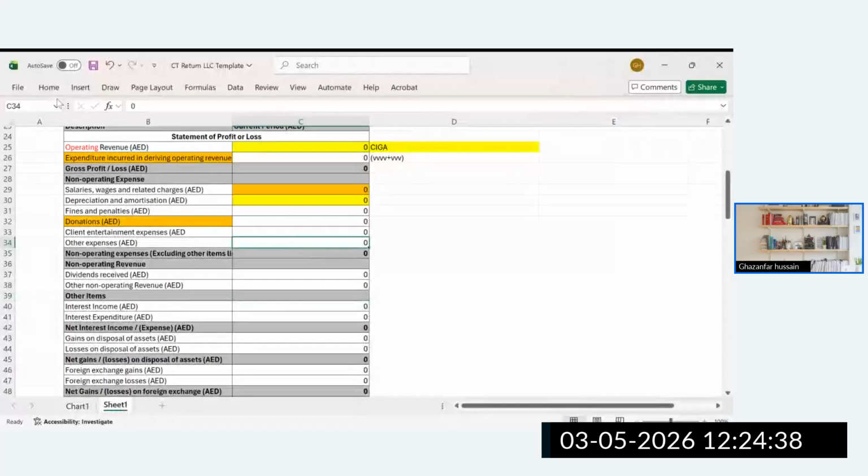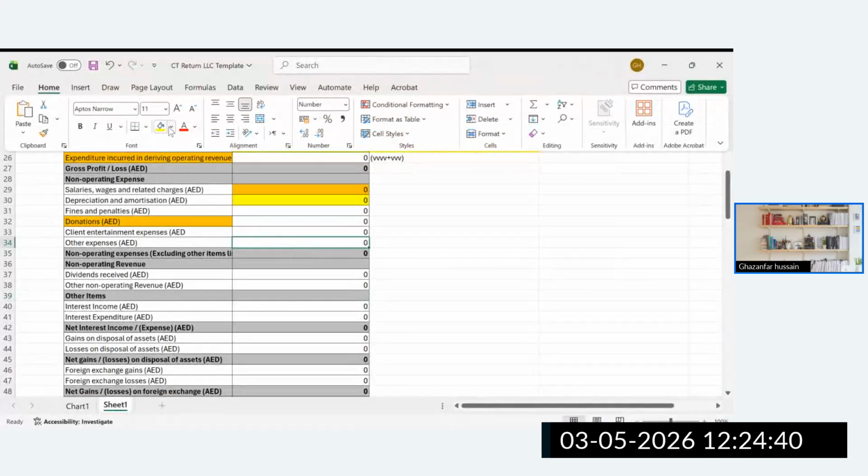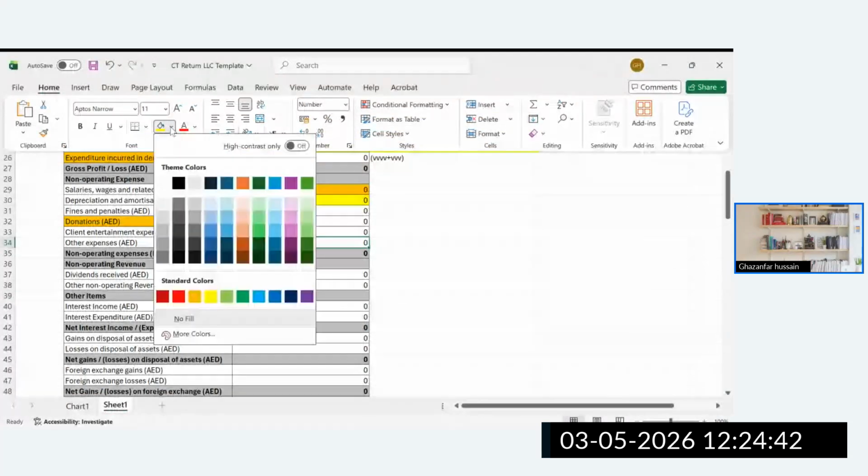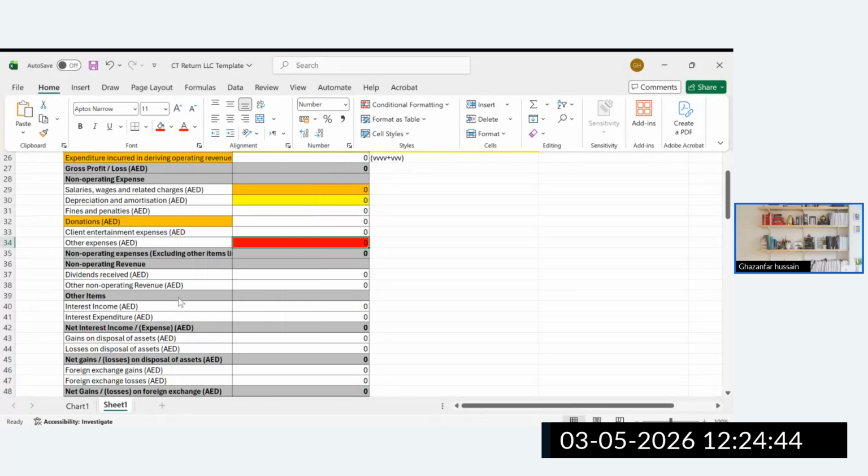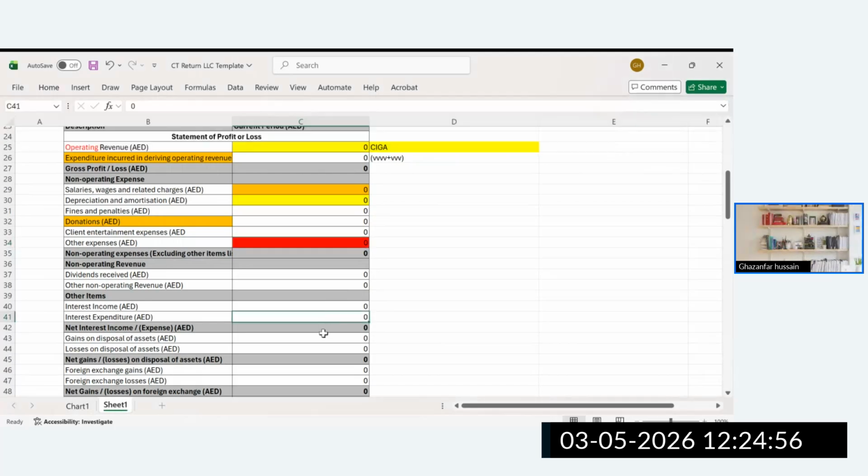Whatever FTA particularly requires, if we can add it there, well and good. Otherwise, all the balance expenses will be here. We can look into dividend received, non-operating expenses like interest income, expenditure, disposal. These figures are there. Okay. Exchange gains and losses.